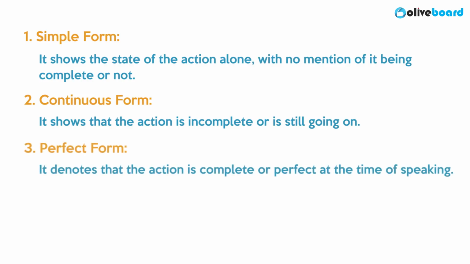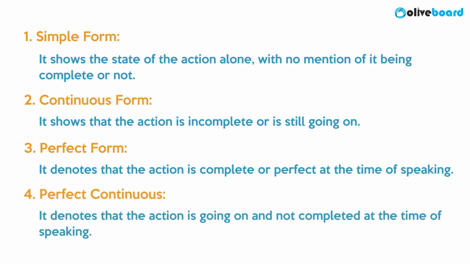The third is the perfect form. It denotes that the action is complete or perfect at the time of speaking. Like that time of speaking could be past, present, future. But जब उस form की बात हो रही थी तब वो particular action complete या perfect tense में था.